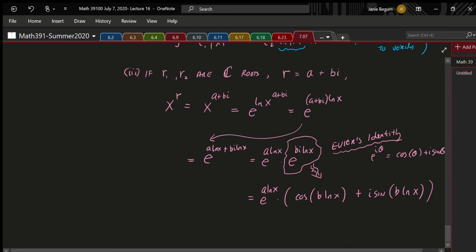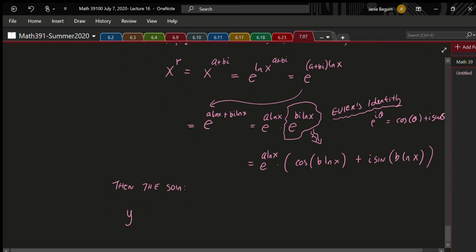So now let's write out our solution. We were able to simplify. Now if the roots are complex, then the solution would have the following form. y is equal to, so I'm going to rewrite it one more time. This part right here, I'm going to bring the a as an exponent again.